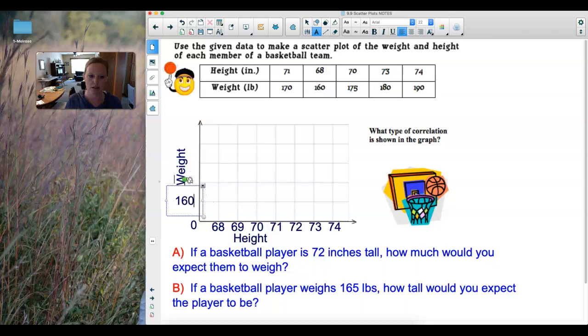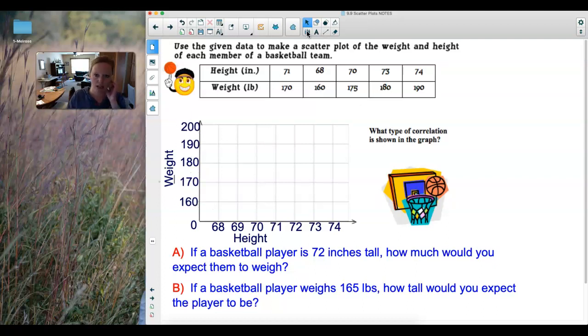See if we can get the next one in here. 170, 180, 190, and 200. Okay, let me scoot this around just a little bit. There we go. Okay, and then we just plot all the dots.